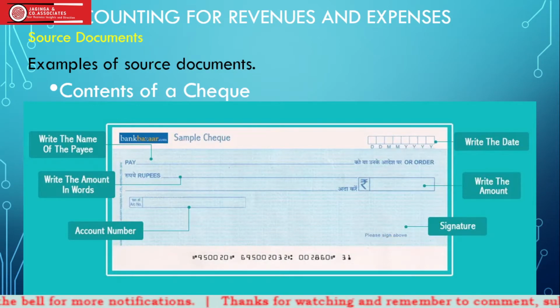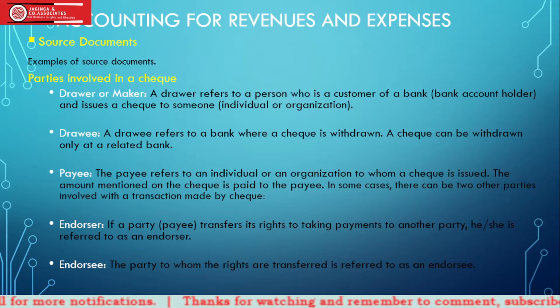Then we also have parties involved in a check, and the parties involved in a check are the drawer, or the maker. A drawer refers to a person who is a customer of a bank, a bank account holder, and issues a check to someone, an individual or organization.